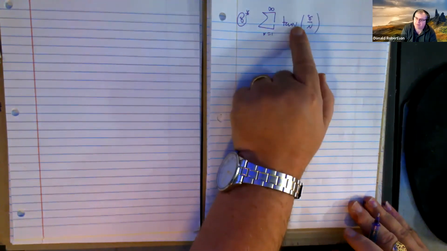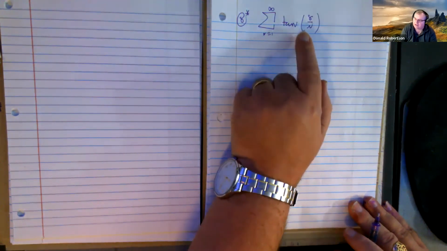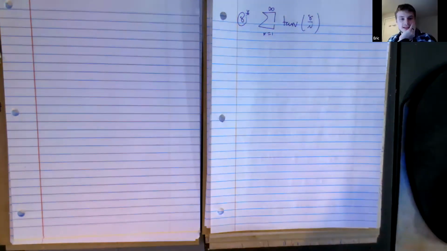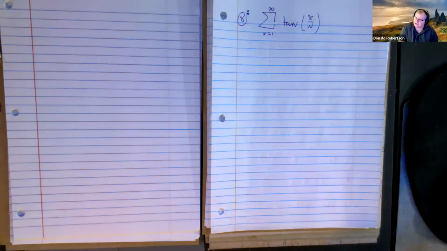So can you imagine it might be the cotangent of 8 over n or secant of 8 over n, right? Some guys like that. It seems like a lot of the trig ones are LCT. Yeah, a lot of them are either comparison test or limit comparison test.